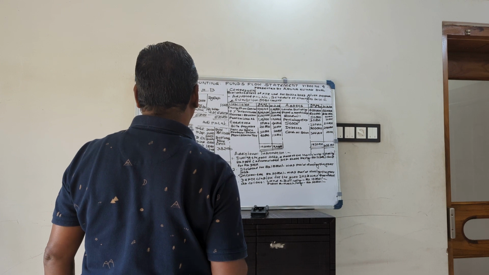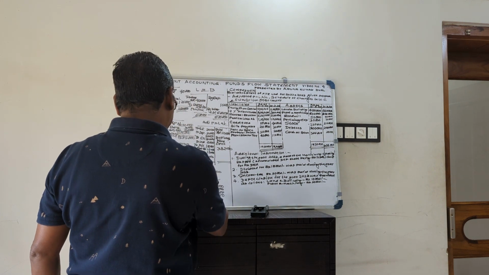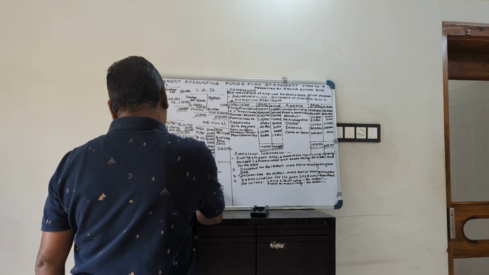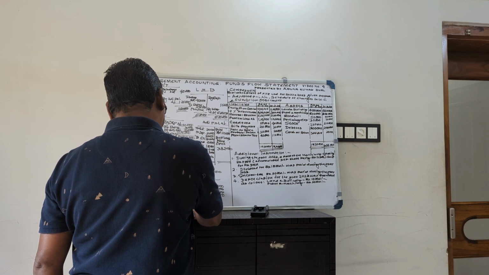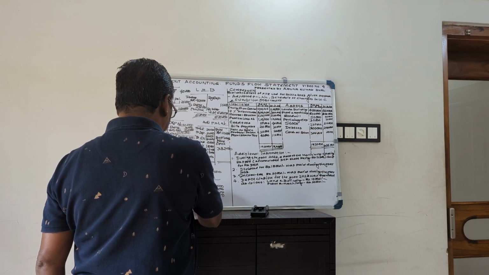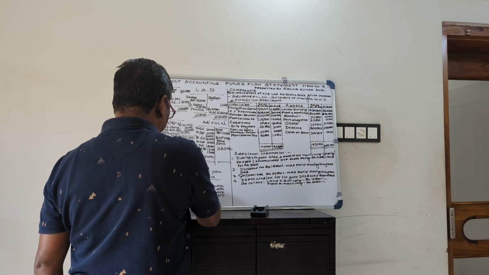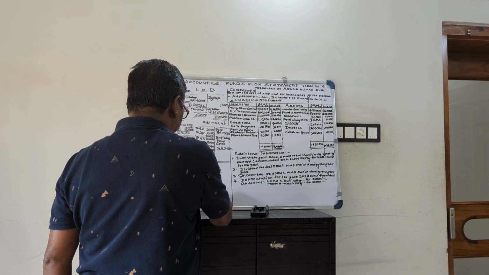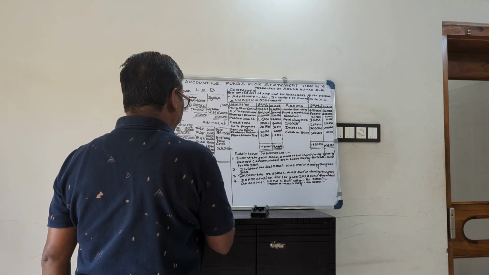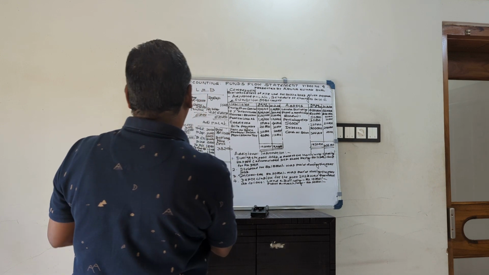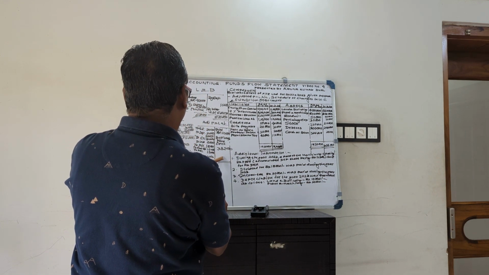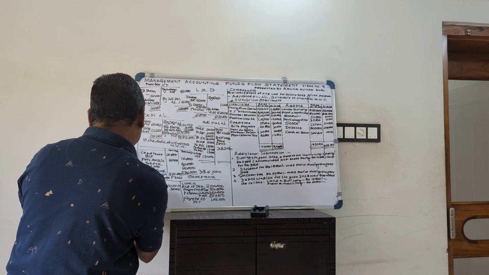Then payment of dividend, 1 lakh. Here from adjusted profit and loss we got funds from operation, right, here in sources.